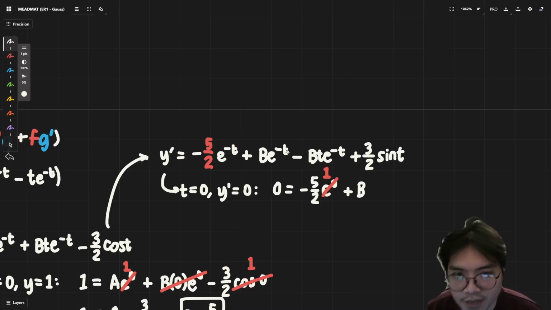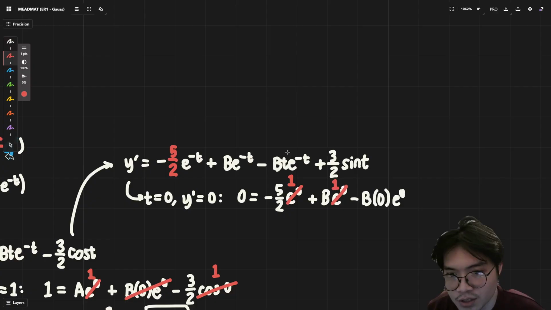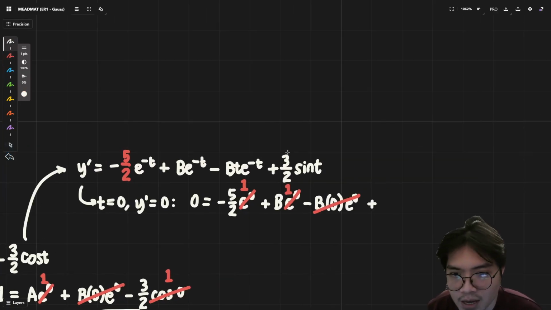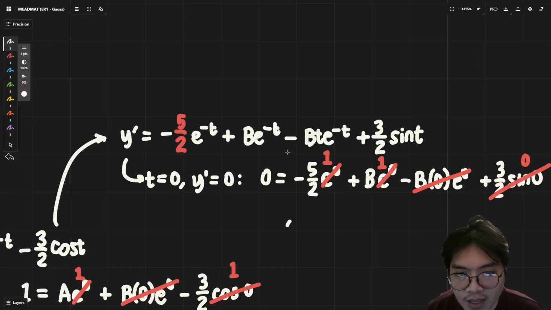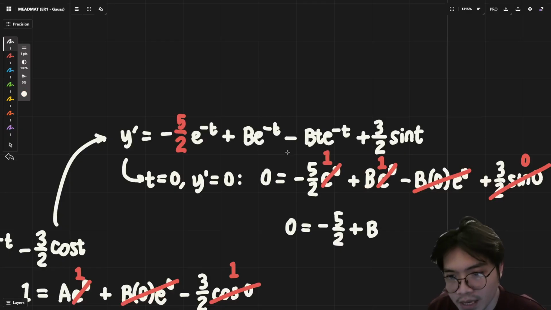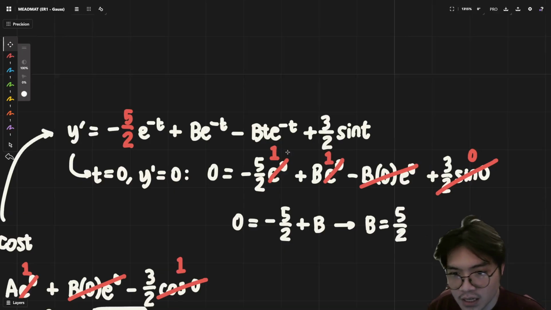Plus your b times e raised to 0. That's going to be 1 as well. Minus b times 0 times e raised to 0. Cancel everything in there. Plus 3/2 times sine of 0. Well, you cancel everything there as well. Sine of 0 is equal to 0. That means now your 0 is equal to negative 5/2 plus b, which means that your b is actually going to be 5/2 as well.